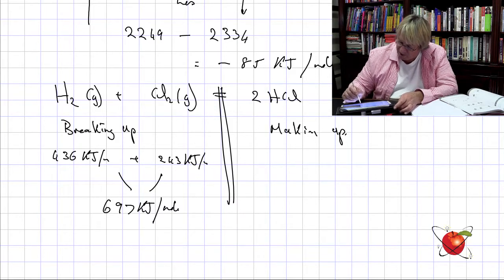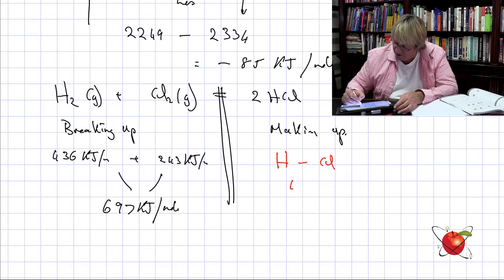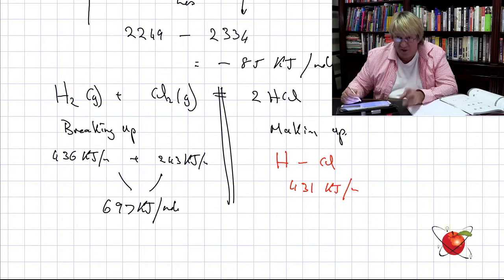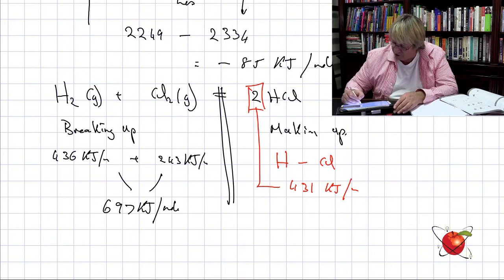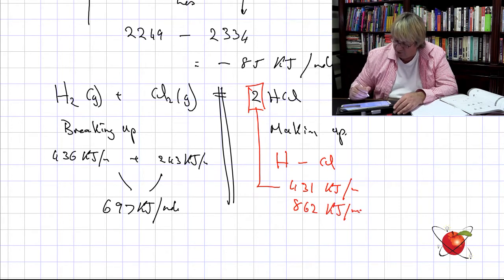So let's just say, right, hang on, let's do it as red. We've got an HCl bond. How much is that? It's 431 kilojoules per mole. But we must form 2 of them now, right? And that's going to be then 862 kilojoules per mole.